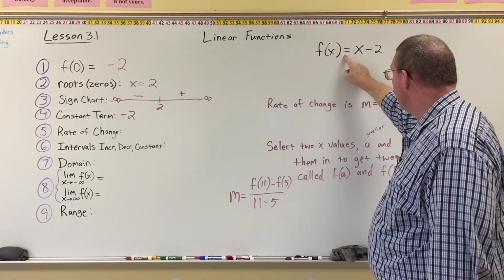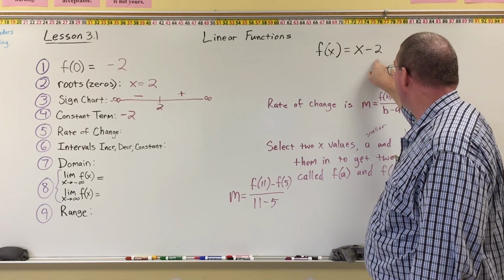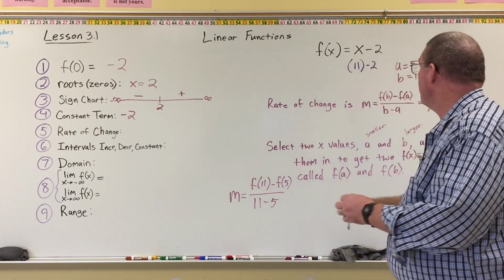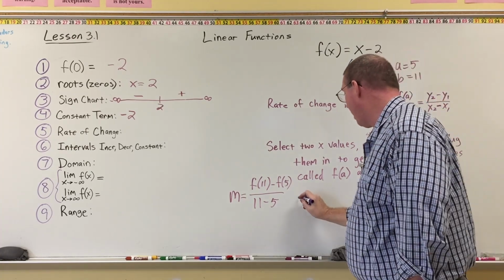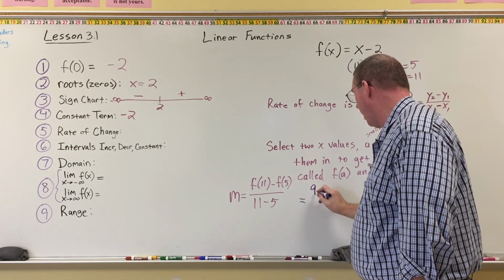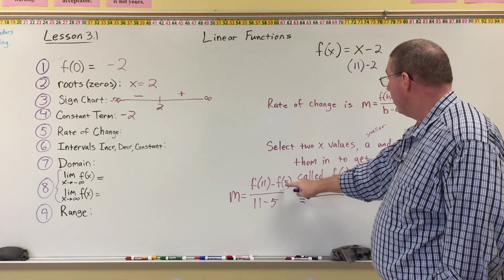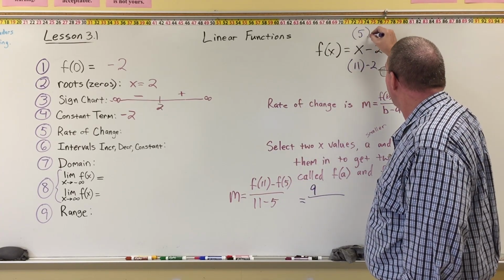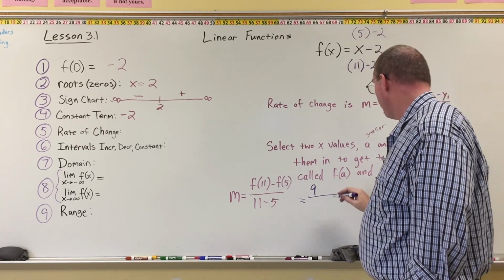f of 11 is equal to 11 minus 2, okay? So it's going to be 11 minus 2. Well, 11 minus 2, that's 9. And so f of 11 is 9. Now plug in 5, so it'll be 5 minus 2. Well, 5 minus 2, that's 3.